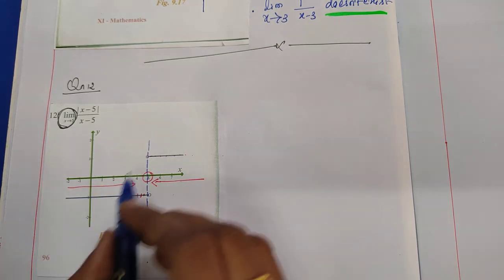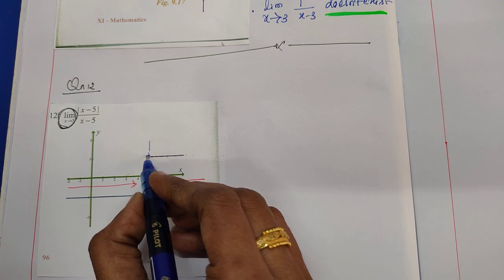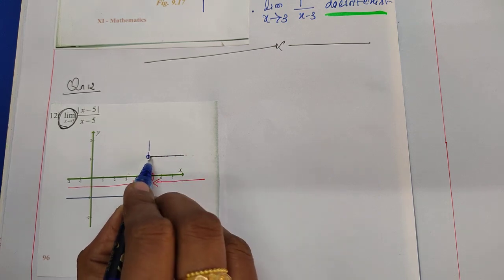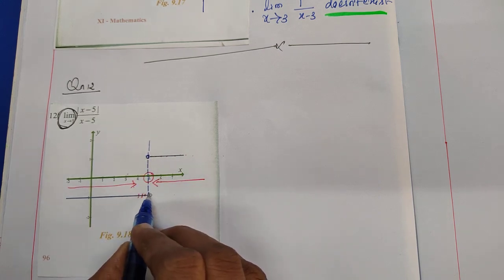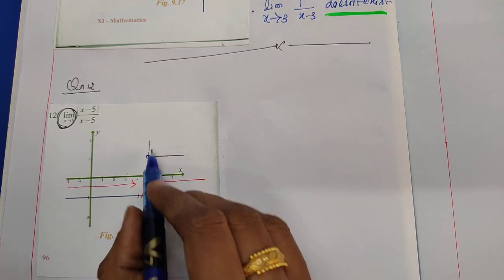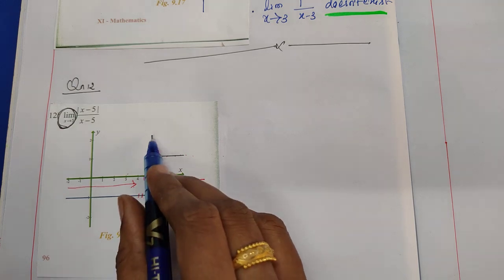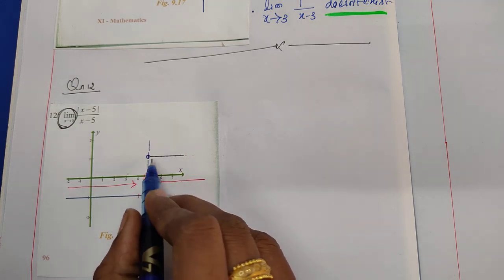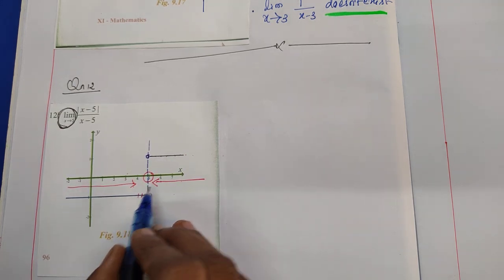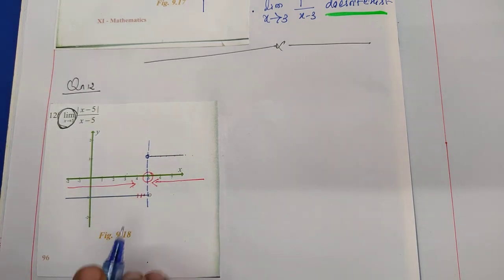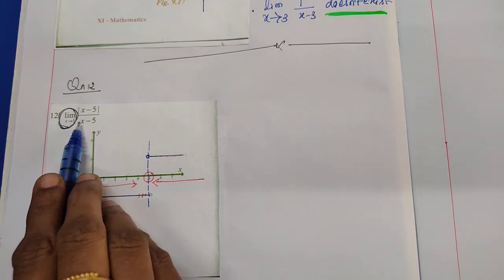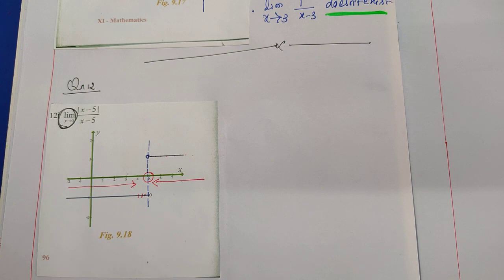This circle shape represents the point is not included, and here also the minus 1 is not included. Through the point 5 we can draw a vertical line. The vertical line never meets a curve anywhere. Therefore, the limit of the given question doesn't exist.